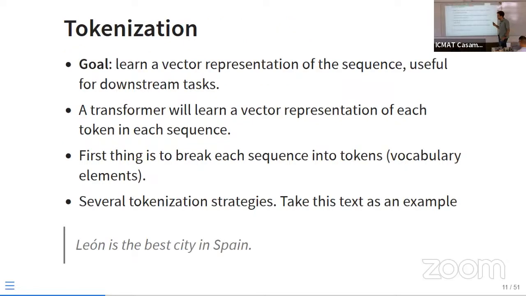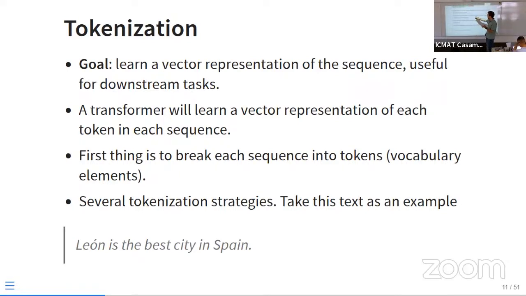Once we define our task, the goal is to learn a vector representation of the sequence which is useful for the downstream tasks. So the goal of transformers is to convert input sequences into a vector in a certain dimensional space that will be useful for whatever task we have at hand.